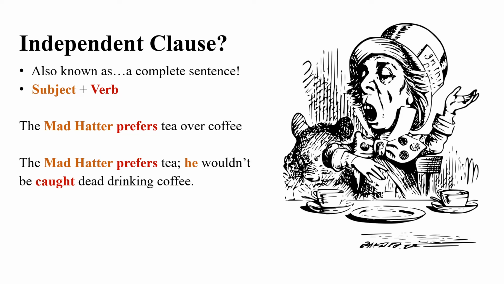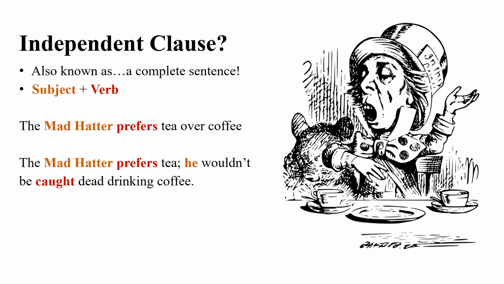So let's take a look here. This is an example of how we can use a semicolon to join 2 independent clauses. The first rule is that we have to join 2 independent clauses that are closely related in theme. So our first sentence: the Mad Hatter prefers tea; he wouldn't be caught dead drinking coffee.